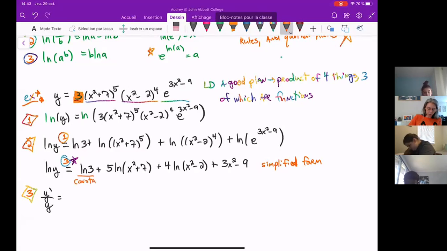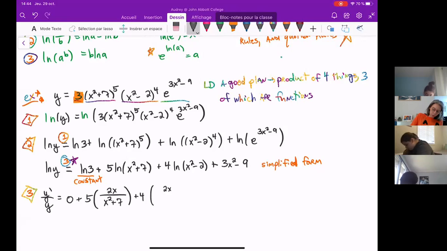Remember, ln 3 is a constant. Its derivative is 0. So I'll have 0 plus 5 times x squared plus 7 prime over x squared plus 7, plus 4 times x squared minus 2 prime over x squared minus 2, plus 6x minus 0. Clearly, I don't have to write the zeros. I just did so that it's clear that we took the derivative.